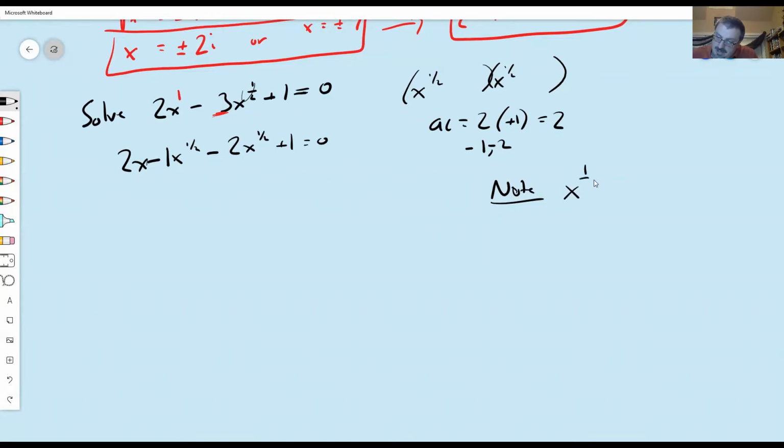If I have x to the 1/2 squared, that's actually 1/2 times 2 as power, or x to the 1. So when it comes to factoring this by grouping, it may be easier for you to say this to yourself. This is x to the 1/2 squared minus x to the 1/2 minus 2 x to the 1/2 plus 1 equals 0.